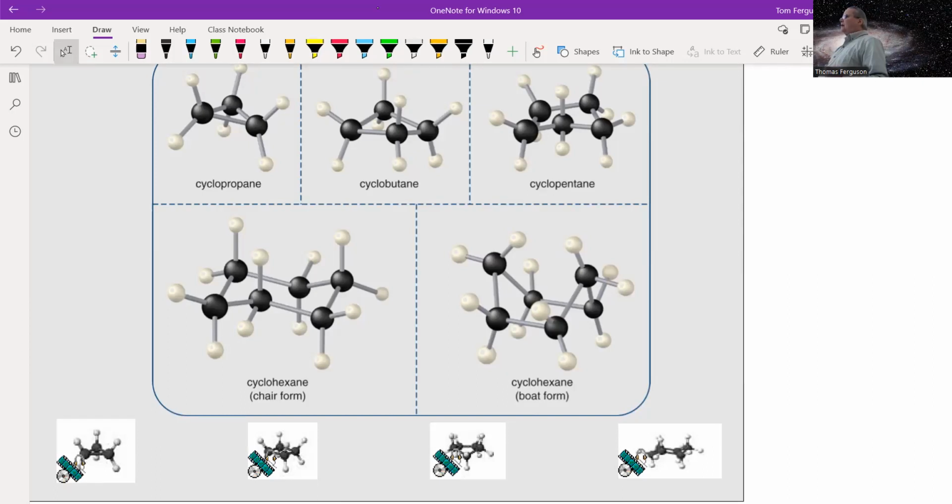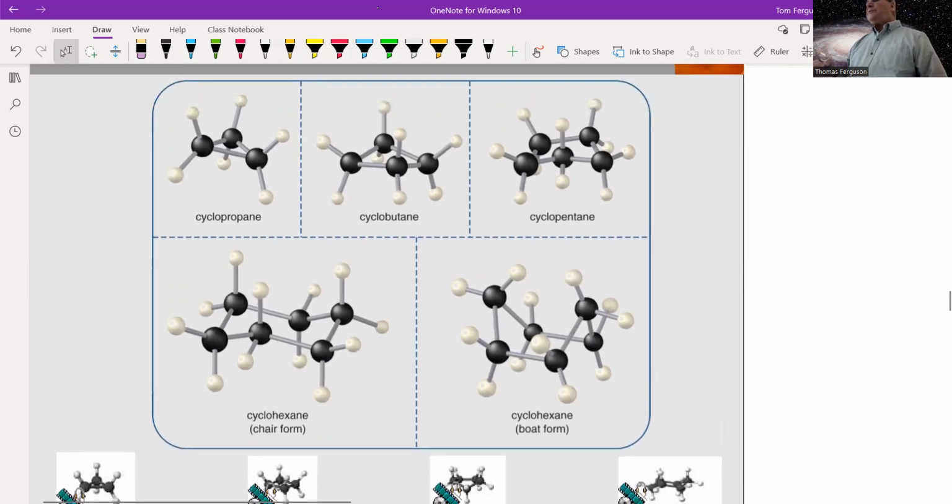So in a ball and stick model, we were putting these together with models. That's what they look like. And in fact, when you put them together with models, the cyclopropane is really hard to put together, because a model reflects the perfect 109.5 degrees. And this requires significantly more strain than that.